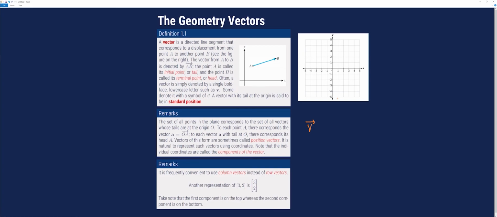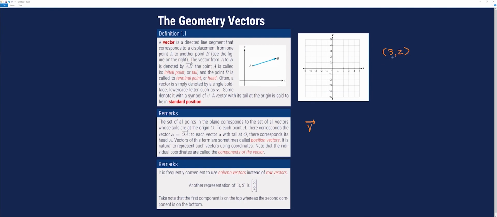A vector with its tail at the origin is said to be in standard position. Now, in a Cartesian coordinate system, we have x and y axes. When we try to locate the position of a point, we usually use an ordered pair. For example, we have the ordered pair (3, 2).